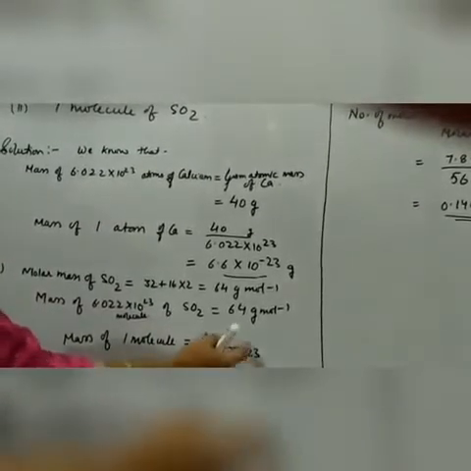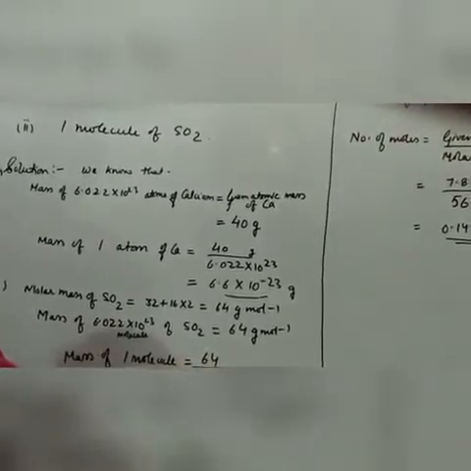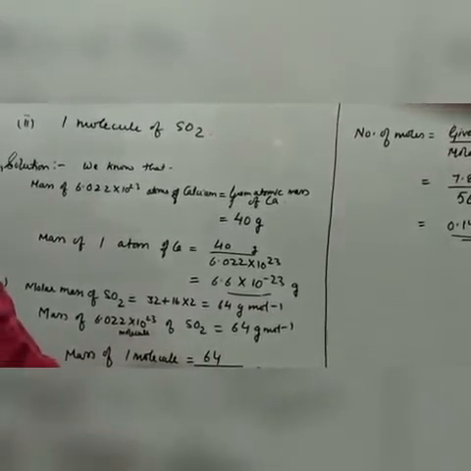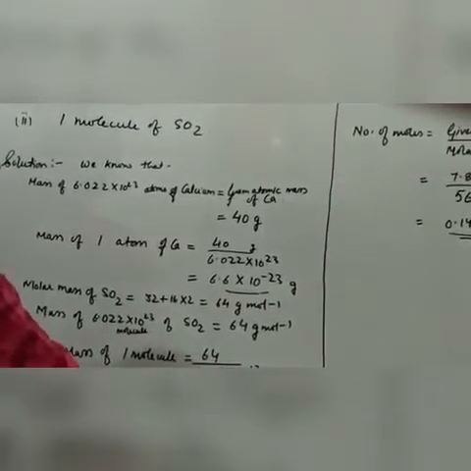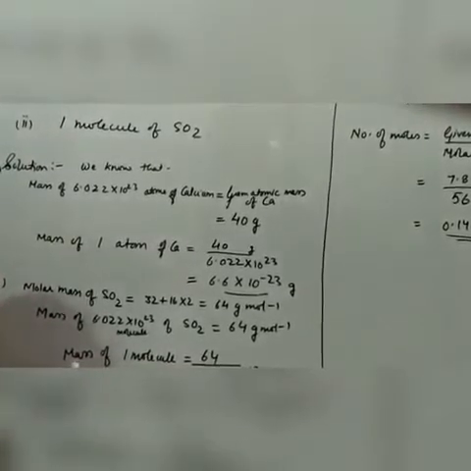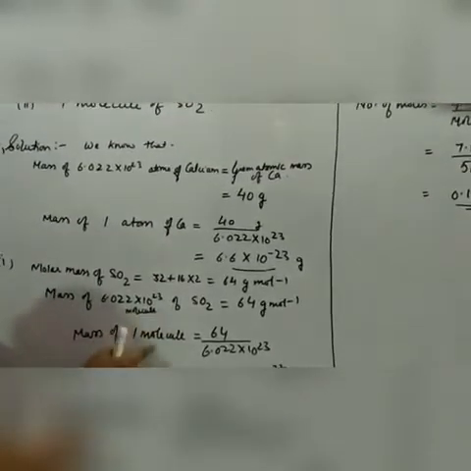In the same way, 10^23 will be sent up, and by solving this part we get 1.06, and to adjust the decimal, it will be 10^-22 grams. So this much gram will be the mass of the one molecule.